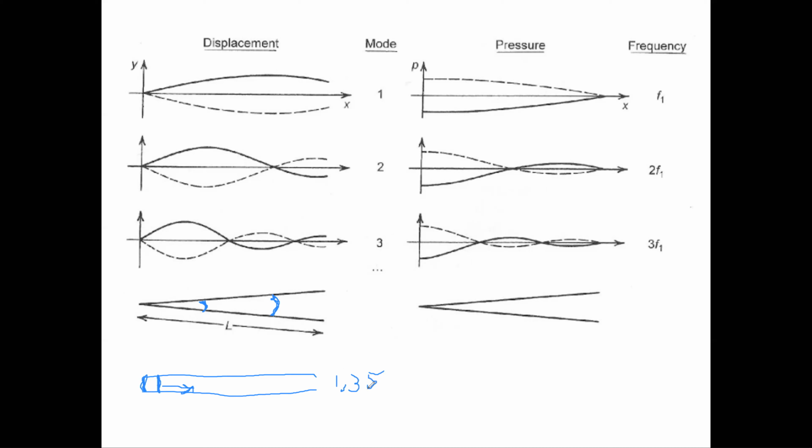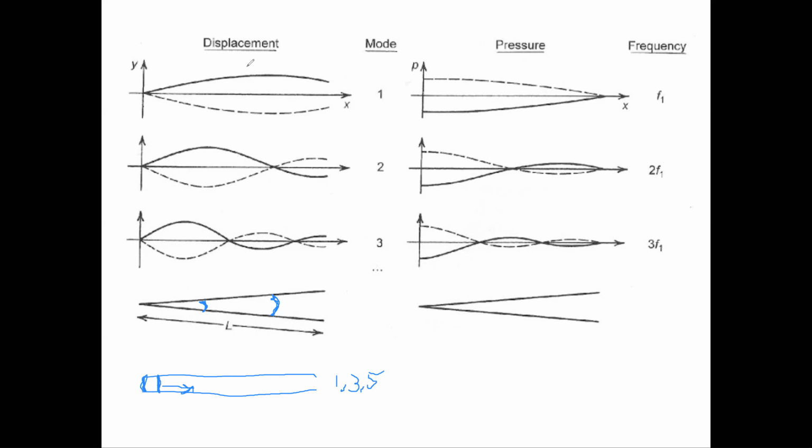But by changing this wave shape from a plane wave to a section of a sphere, this allows the second harmonic to show up. So here's our fundamental. We have an antinode here.